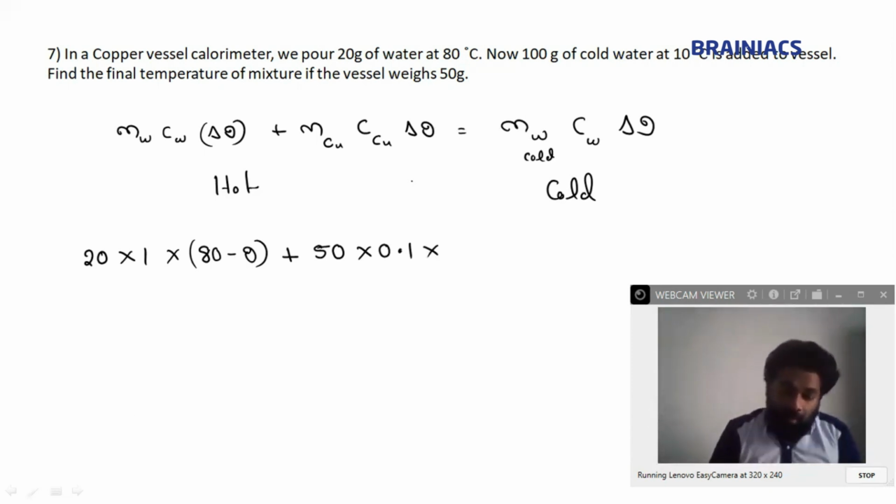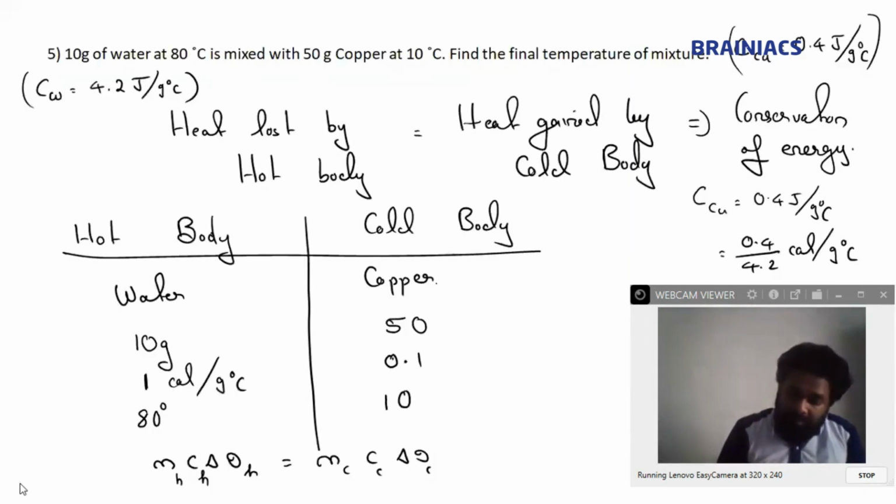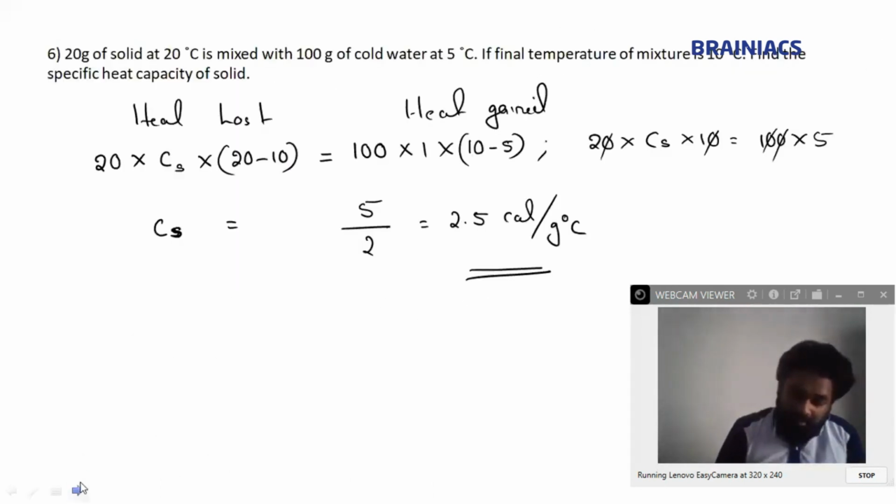In the previous question, 0.4 was given. When we divide this by 4.2, in order to convert it into calorie, we are getting 0.1. So that is how we have done. In the same way here also we can take like that.